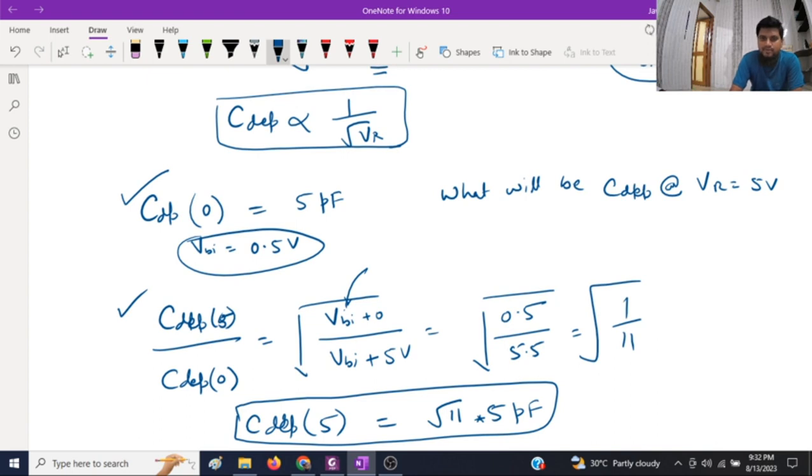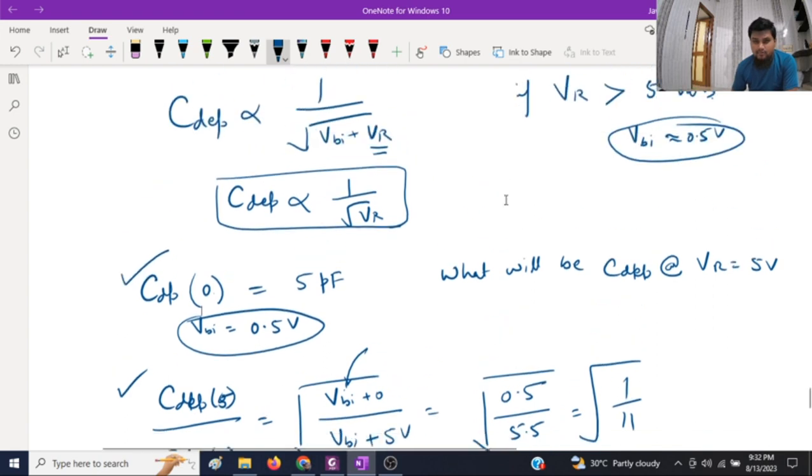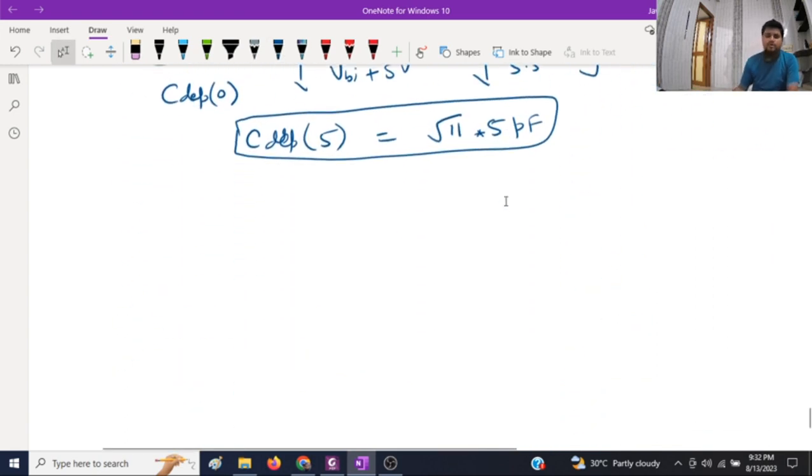If you already know C depletion at 0 volt reverse bias and C depletion at 5 volt reverse bias, then you can find Vbi, because the only unknown over here is the built-in potential. So there are many numericals related to that. Generally people ask.